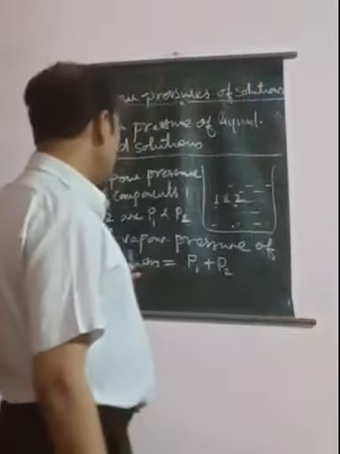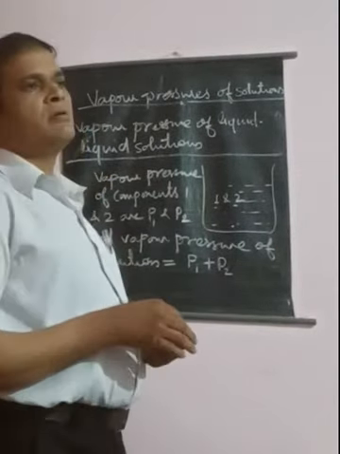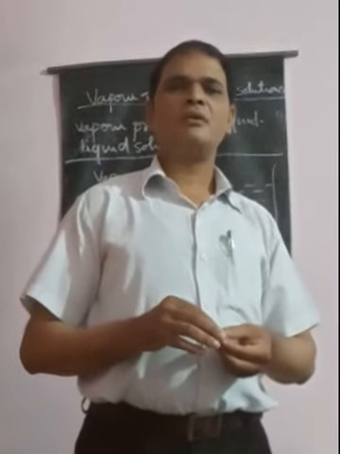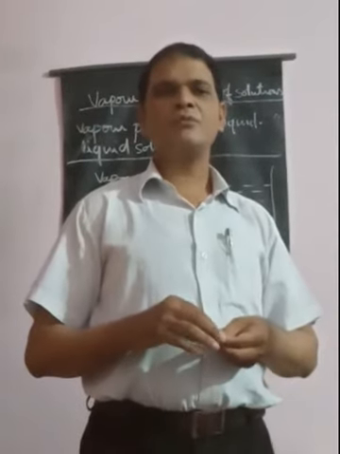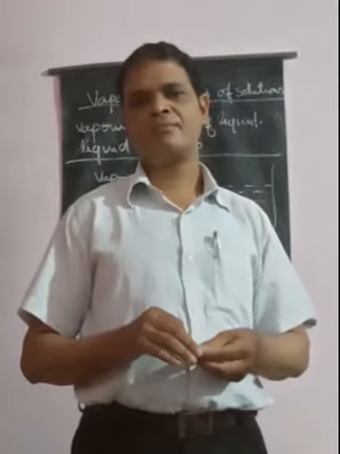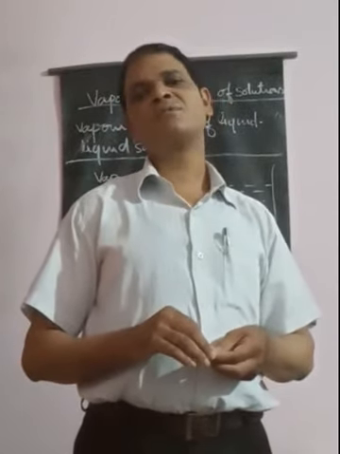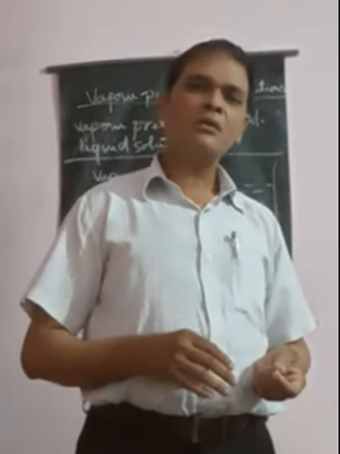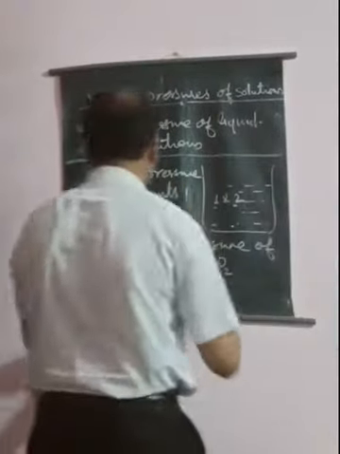So French chemist Raoult gave a quantitative relationship between the vapor pressure and mole fraction of the solution, and that relationship is known as Raoult's law. So now we will see here about the Raoult's law.